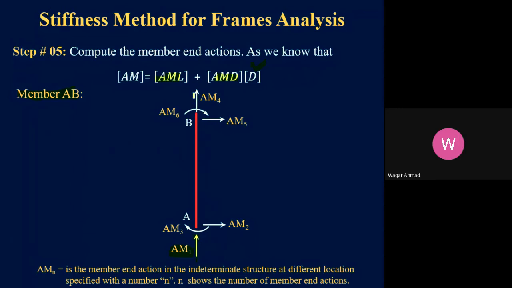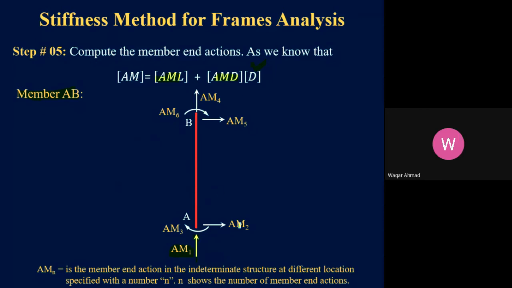You can also do this, but remember, if you fix one convention for yourselves and follow that again and again, it will become easy for you, and there will be fewer chances of mistakes, because later on, when we do the computation of the AML matrix and AMD matrix, you don't need to come back to this slide and see where my AM1 is and where it is directed. So you should fix your AM values such that you remember them throughout this solution.